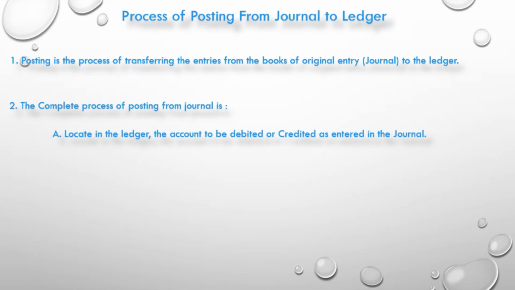As described in point number 1, locate the ledger. Locate in the ledger the account to be debited or credited as entered in the journal. These particular debited or credited accounts you can find in the ledger. Second, enter the date of the transaction in the date column.